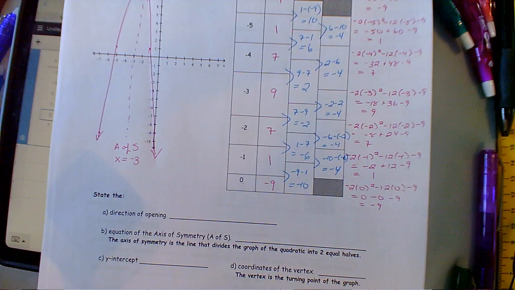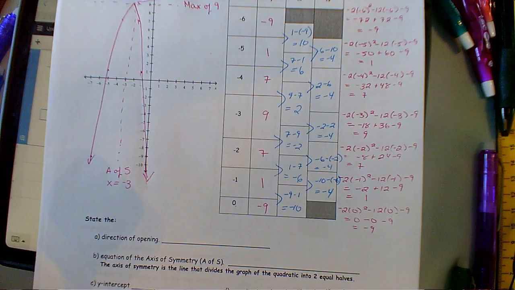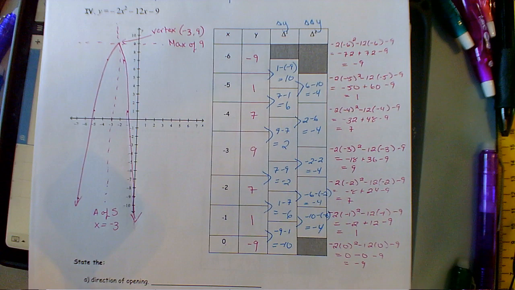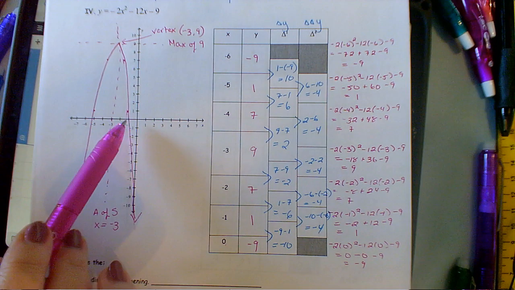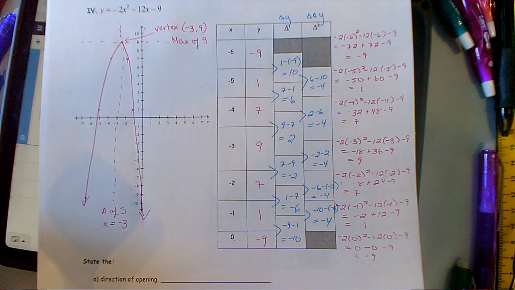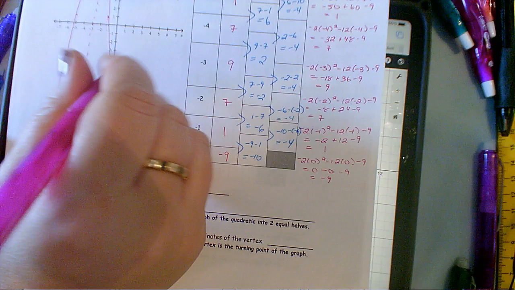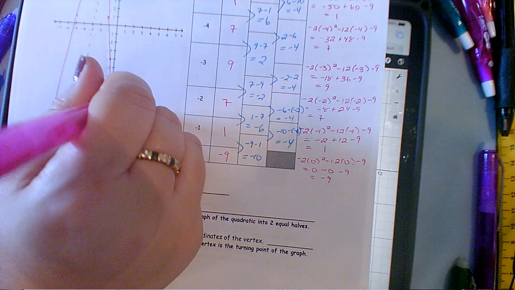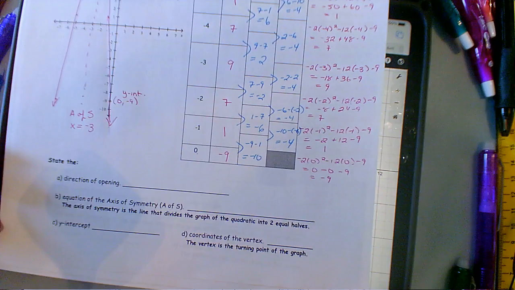This graph never goes above a height of 9. So as you can see, that's the highest this graph will ever go. The X-intercepts are hard to see, so I can't label those. Those are probably decimals, so I'll have to get those off the computer. The Y-intercept is negative 9, so I know 0, negative 9 is the Y-intercept. And that's basically all I can label at this point.